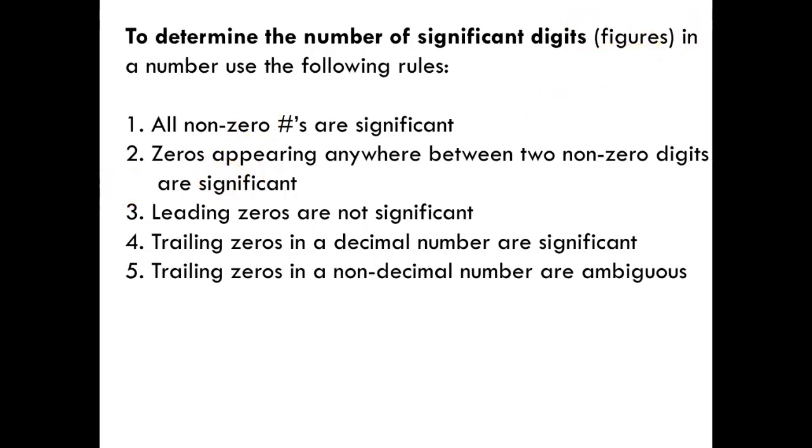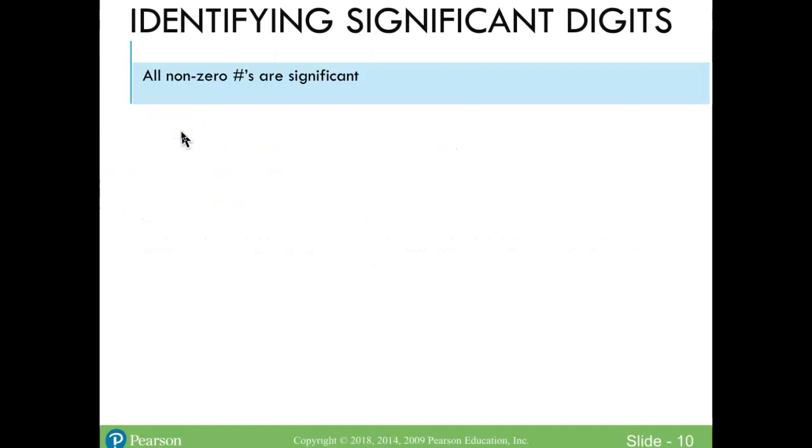So let's look at some examples. All non-zero numbers are significant. So with this first one, consider these blue blanks as if they were non-zero digits.